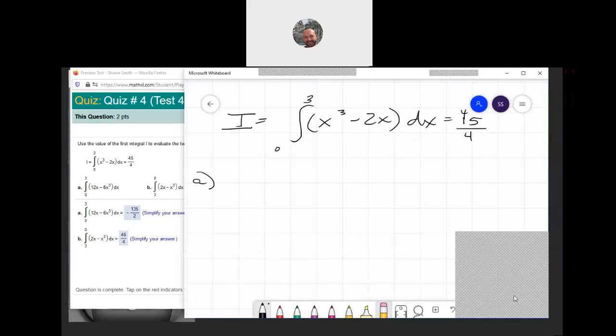Part A. If I go also from 0 to 3 of, now notice we have 12x minus 6x cubed dx.